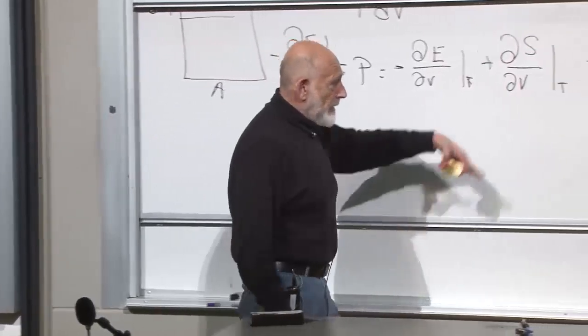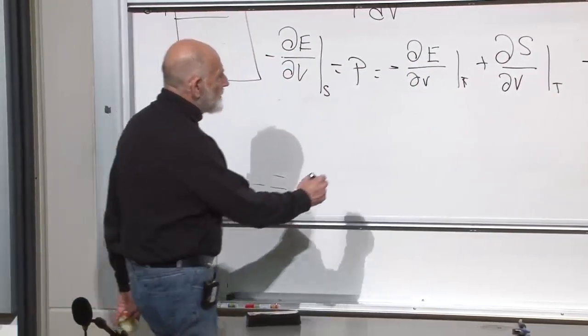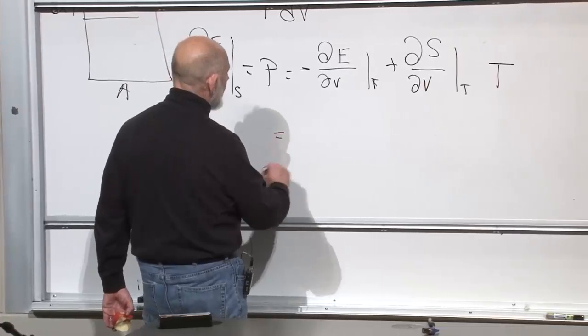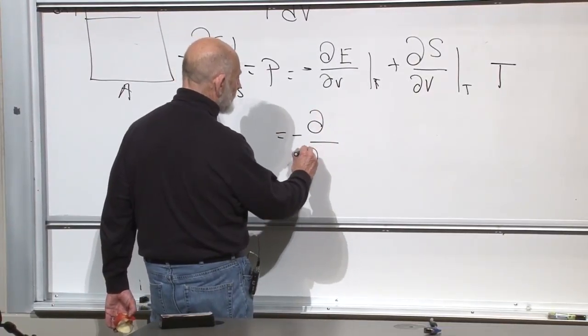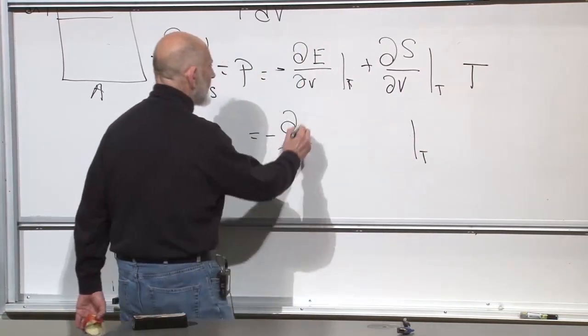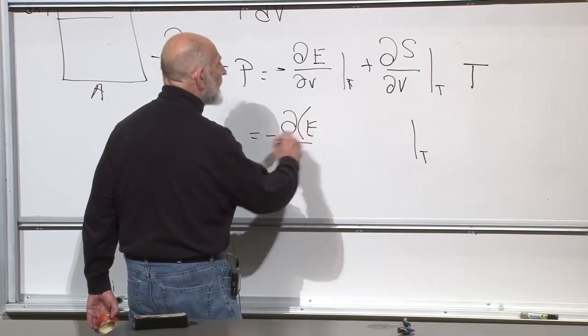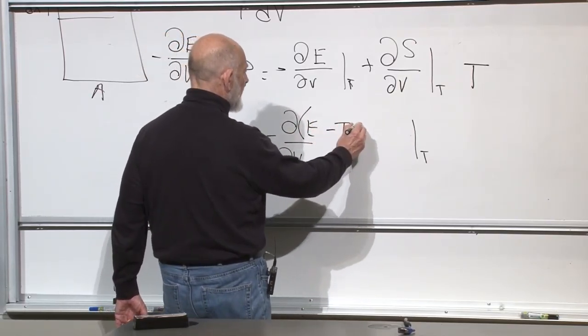T, that's just the temperature. One more step. This also happens to equal minus the derivative with respect to the volume at fixed temperature of the energy minus T times S.